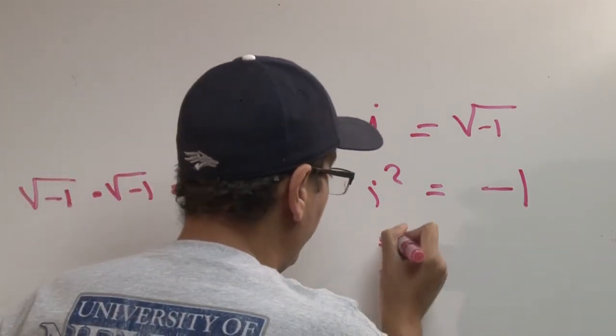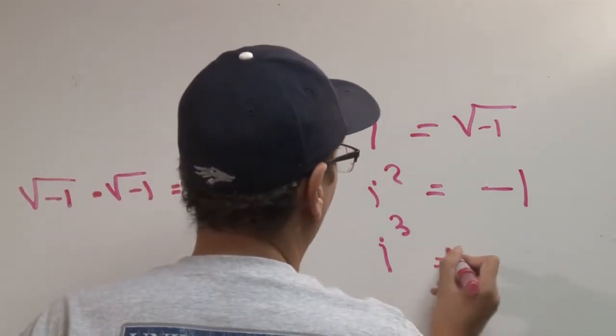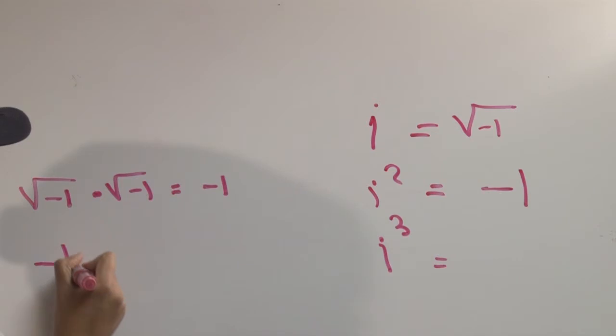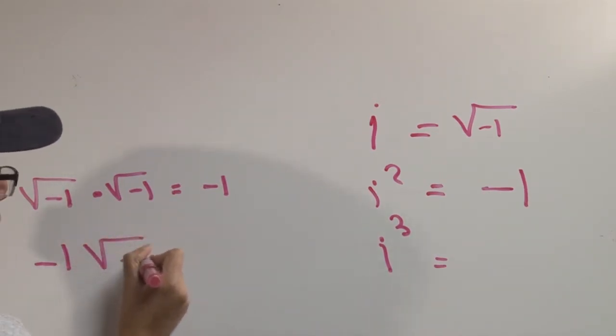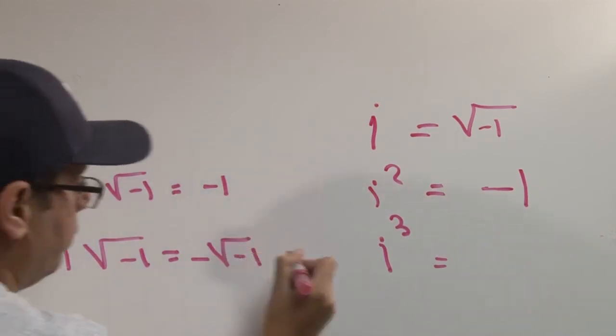What about i cubed? This is i times i squared, which is -1 times the square root of -1. So that would equal negative square root of -1.